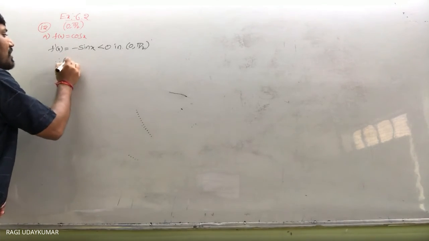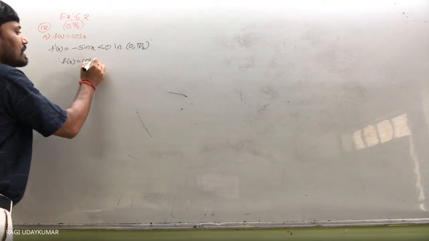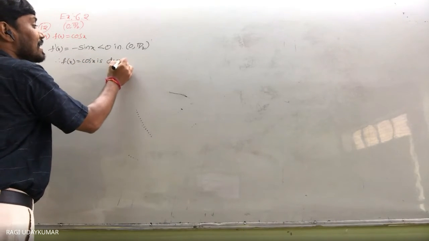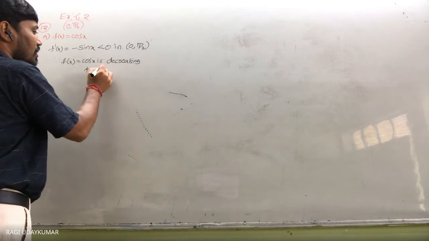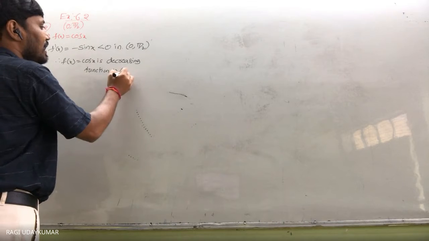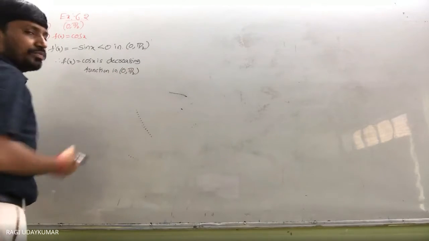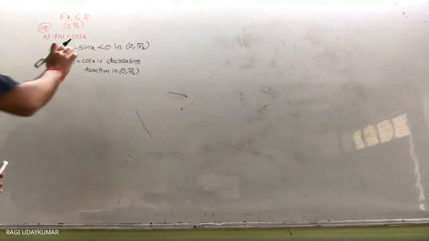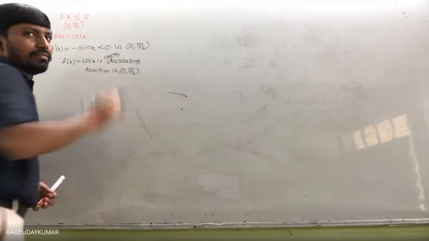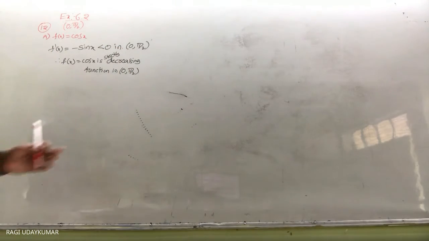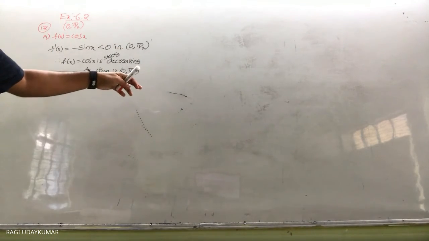Therefore f of x equal to cos x is a decreasing function in the interval 0 to pi by 2. As it is less than 0, it is strictly decreasing in the interval 0 to pi by 2.